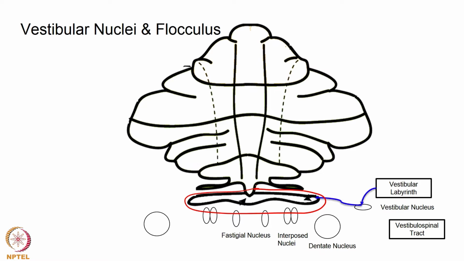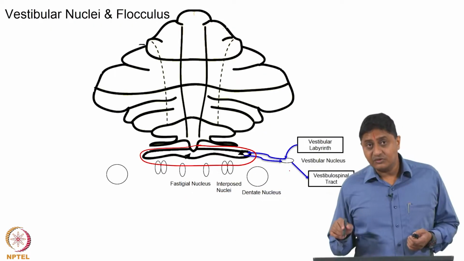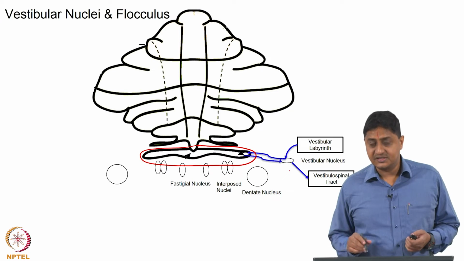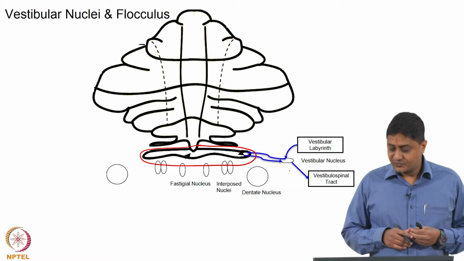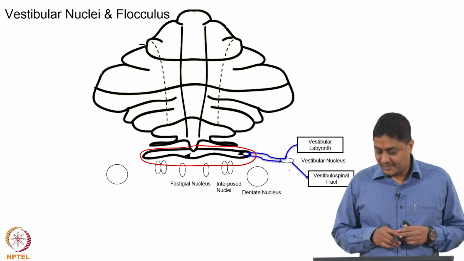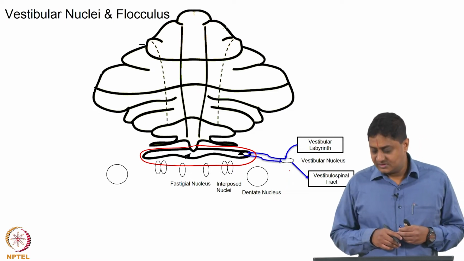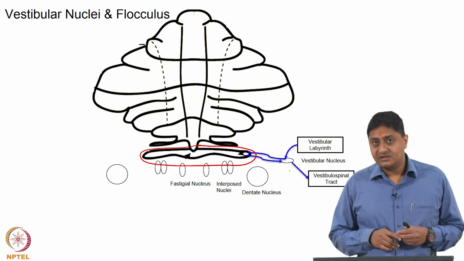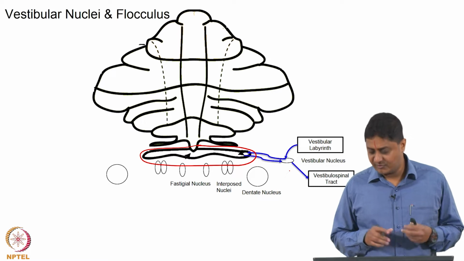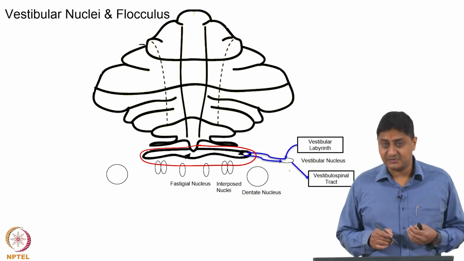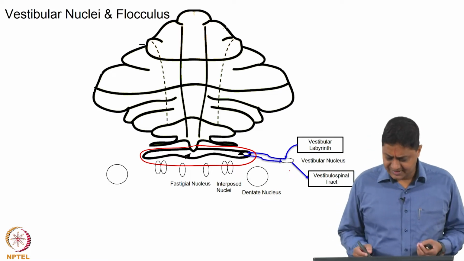And we said that it receives information from the vestibular labyrinth via the vestibular nucleus, and then projects back to the vestibular nucleus, which is the equivalent of the deep cerebellar nucleus, and from there the vestibular nucleus projects directly to the vestibulospinal tract to provide some form of corrections, right. So, it is responsible for posture and balance in some sense, right.